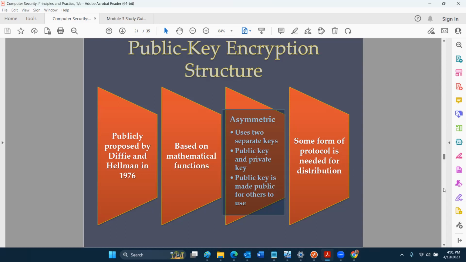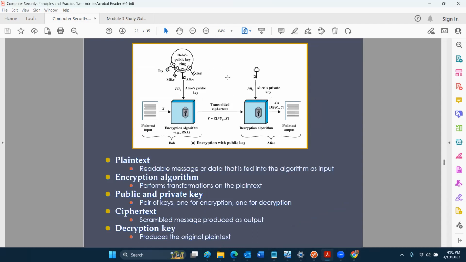So what am I saying? The keys that we're talking about here, you can embed them in certificates. And if you take the certificates, you have a certificate authority that's called public key infrastructure.